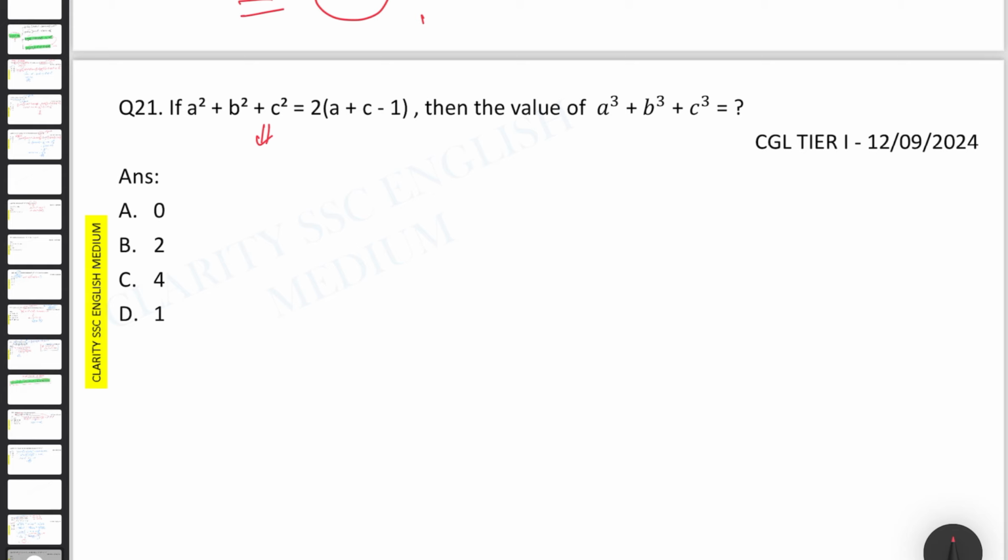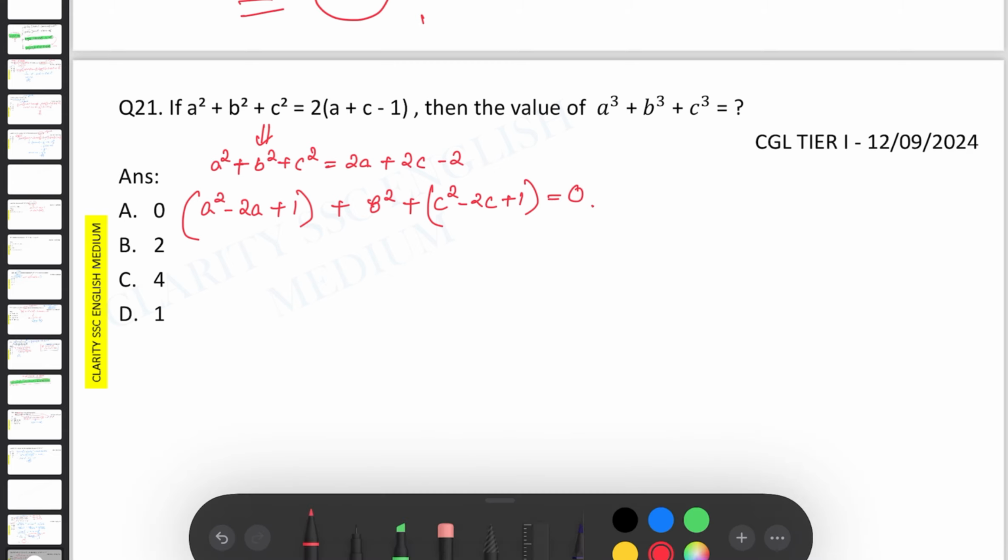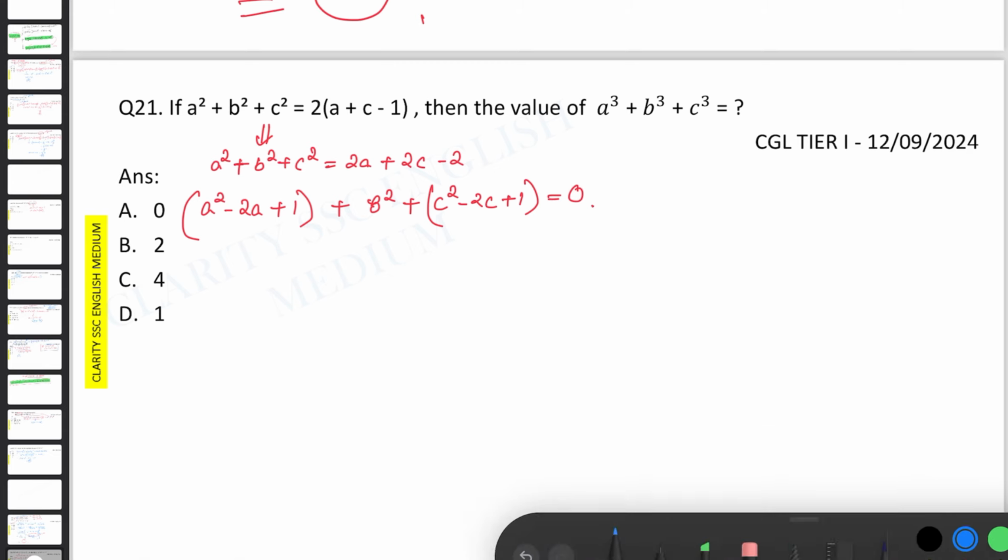We can write this expression here: a square plus b square plus c square is equal to 2a plus 2c minus 2. So a square minus 2a plus 1, plus b square, plus c square minus 2c plus 1 is equal to 0. I'm trying to write the expression here.